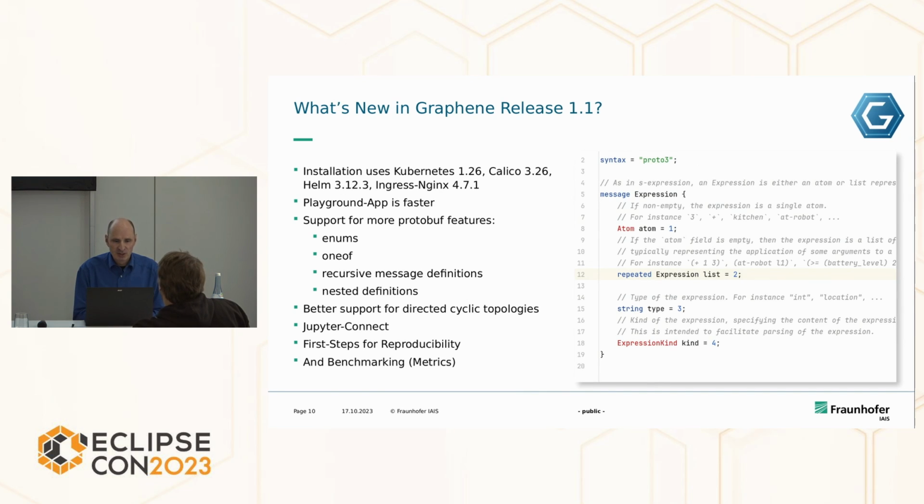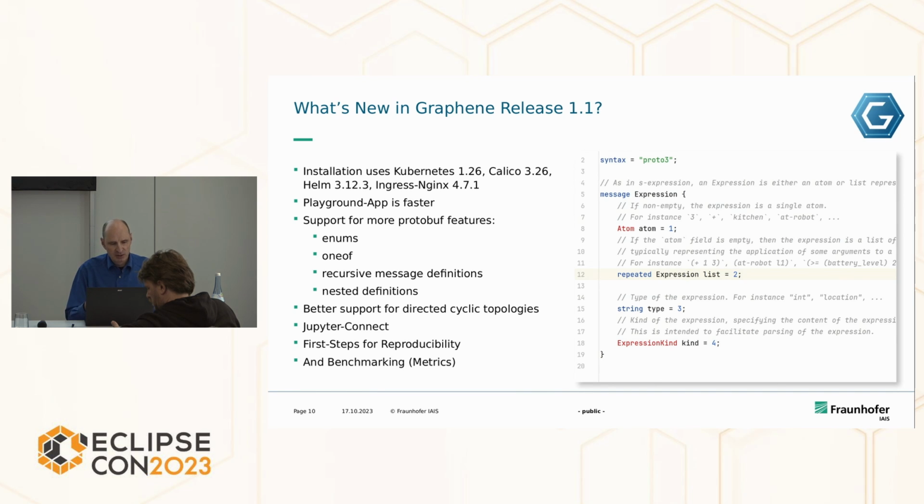Recently, we have released Graphene Release 1.1. There we have updated the underlying Kubernetes components. The Playground app is now much faster. We have more support for protobuf features like enums, oneof, recursive message definitions. One of those definitions is in the picture on the right, where expression is repeated as the expression list in the middle.